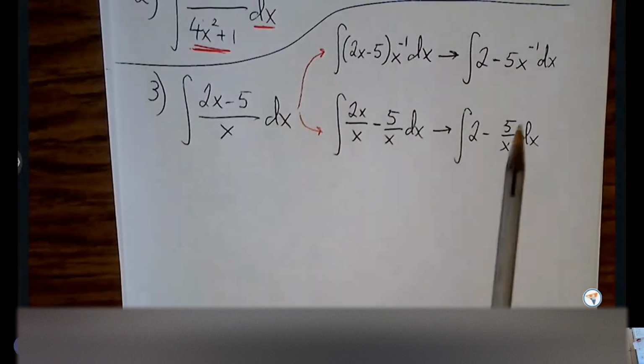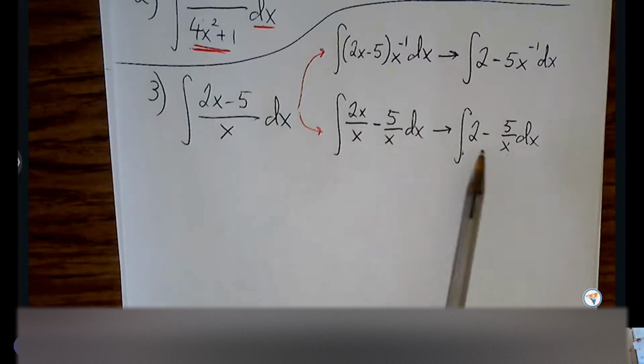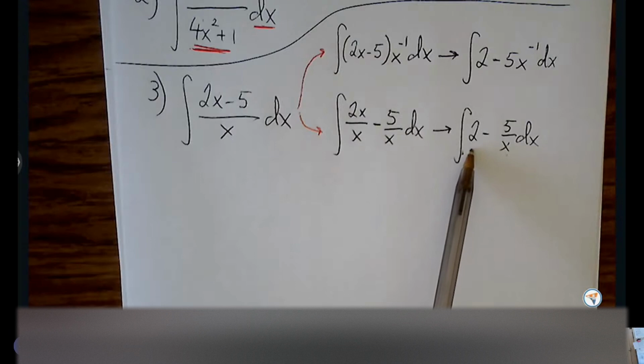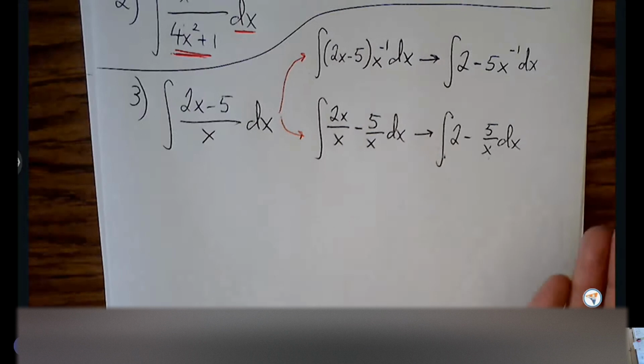So let me ask you then, once you're here, these are 2 separate terms, which is nice because we can handle each with their own unique rule. What rule can we handle with integral of 2? Yeah, so just power rule, right?